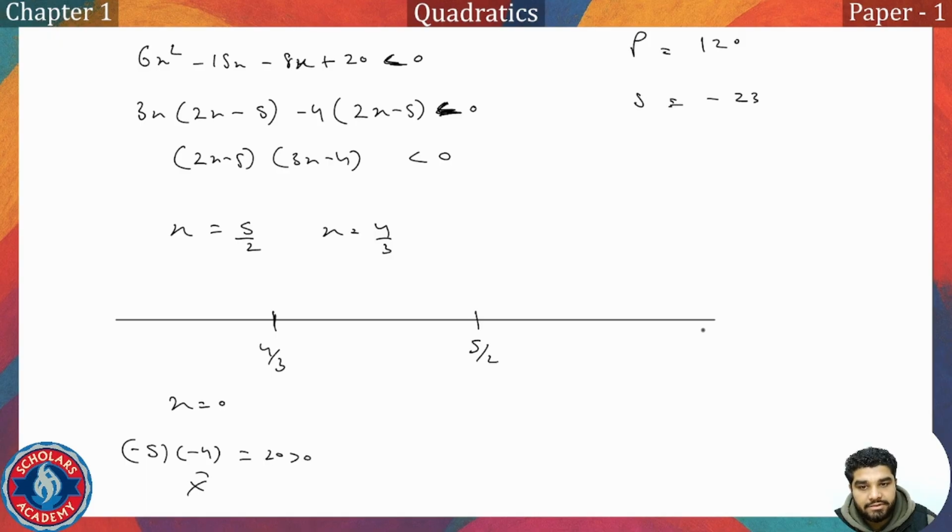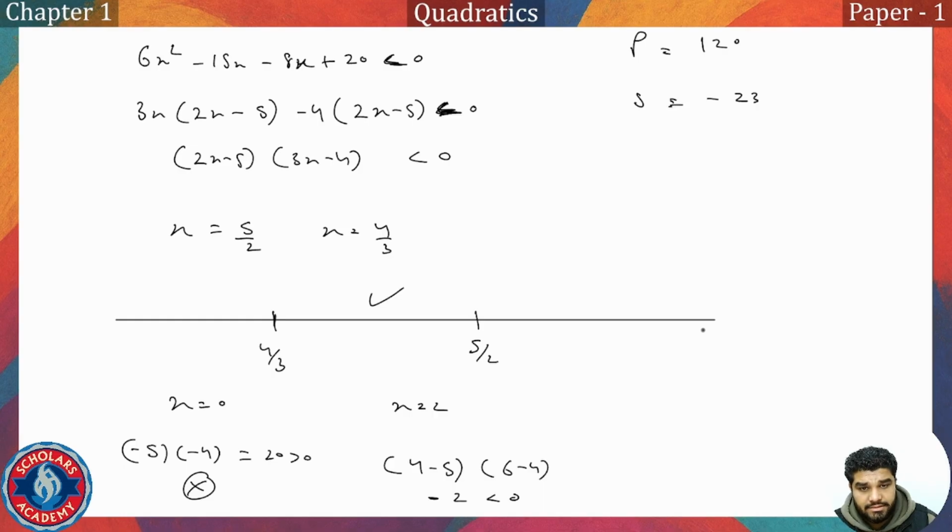So we'll not take this interval. If we take a value from this interval, that is 2, so x is equal to 2. If we substitute that, we get 4 minus 5 and 6 minus 4. We get negative 2, which is less than 0.